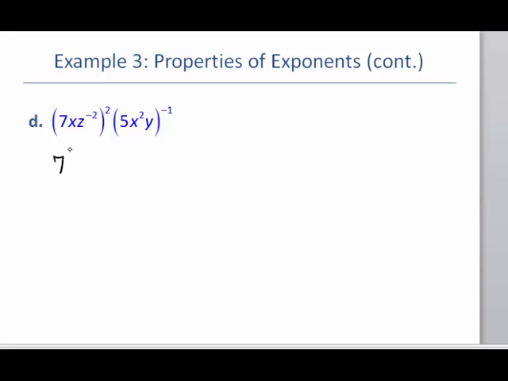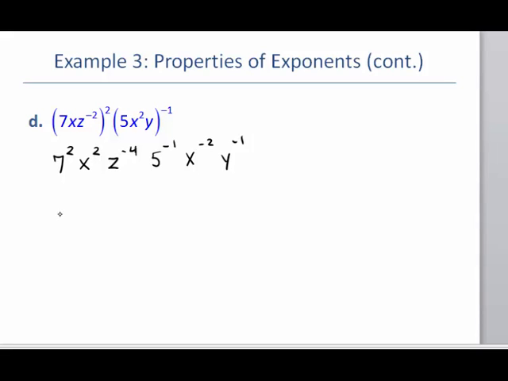So it's going to become 7 squared, x squared, and z, remember that we multiply, to the negative 4th. We do the same thing on the second set. We're going to distribute the negative 1 power to every term inside the parentheses. So 5 to the negative 1, x to the, remember you're multiplying, negative 2, y to the negative 1.